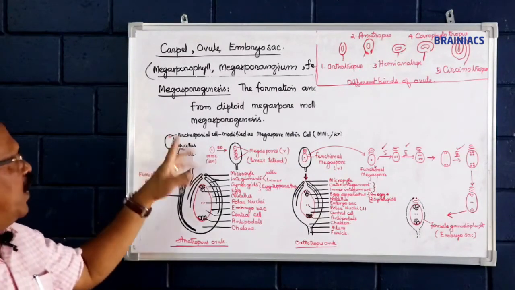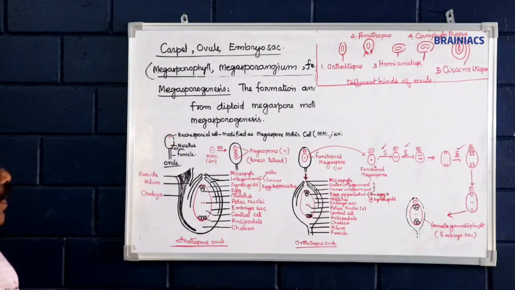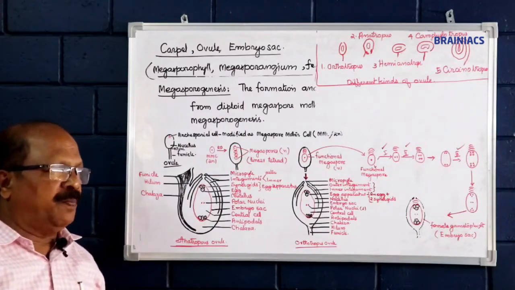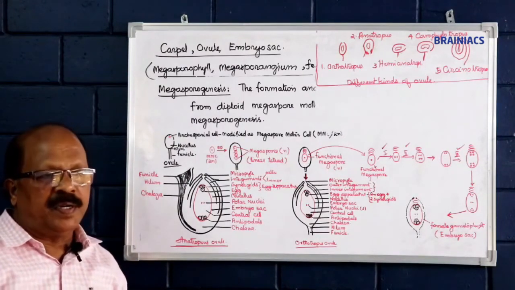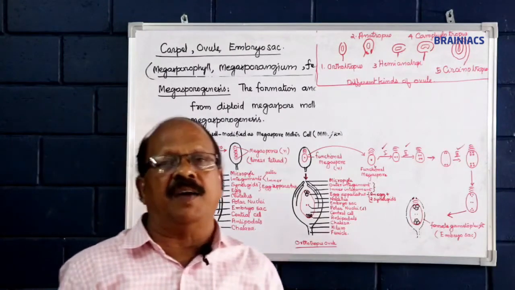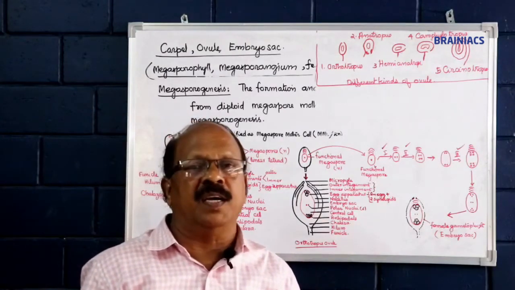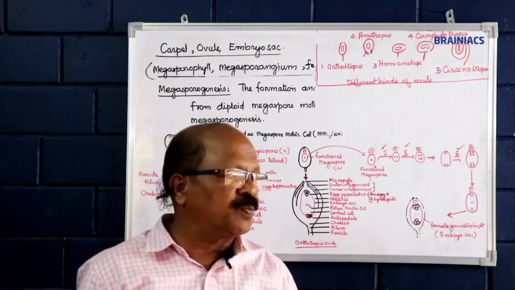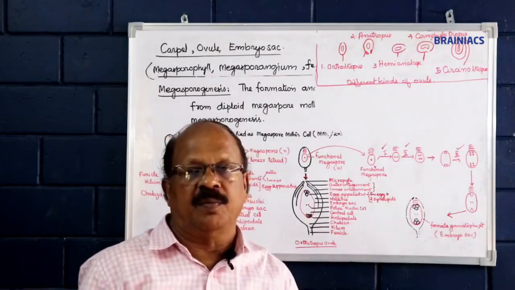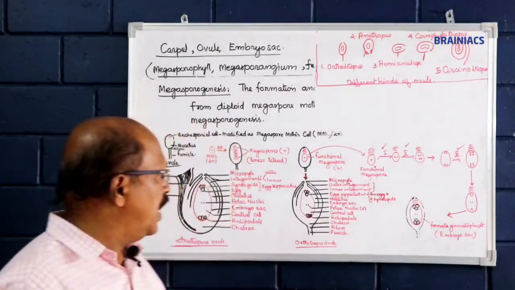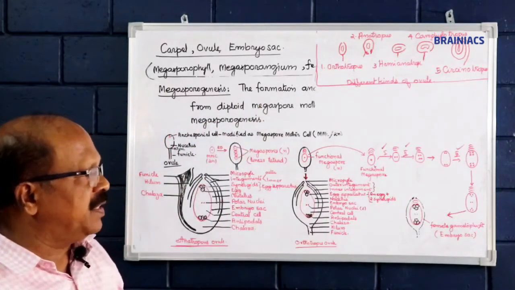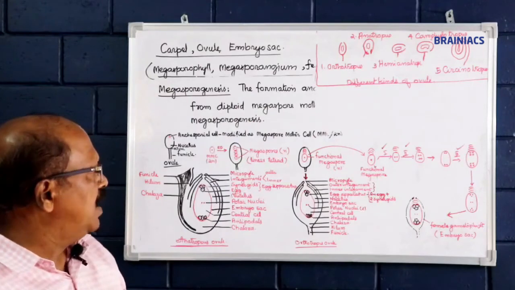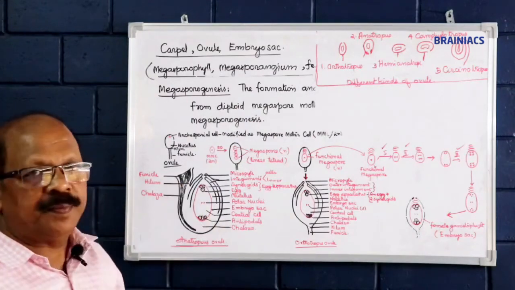And that is why we can say the formation and development of the functional megaspore from the diploid megaspore mother cell after meiosis is called megasporogenesis. That covers the structure of the ovule and some key points in connection with the ovule.